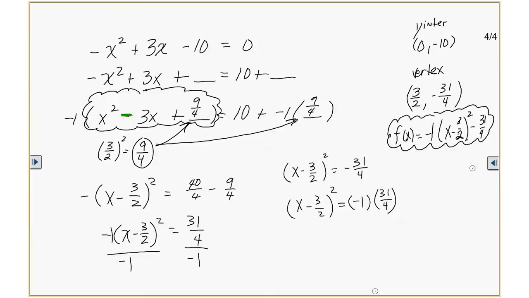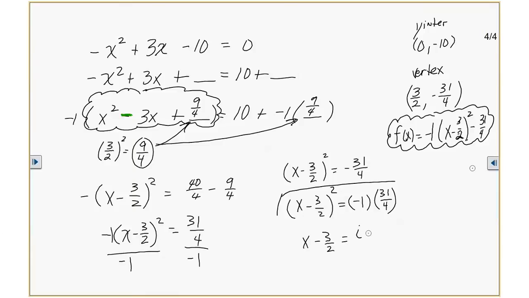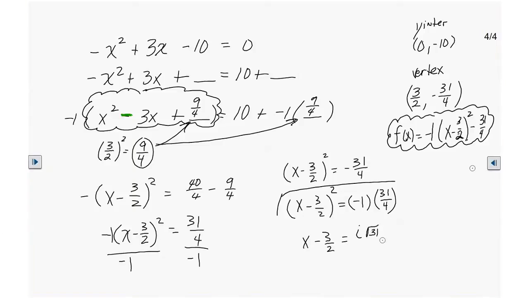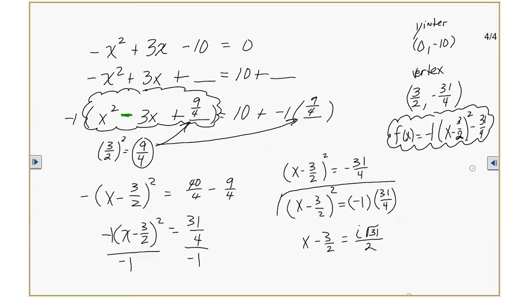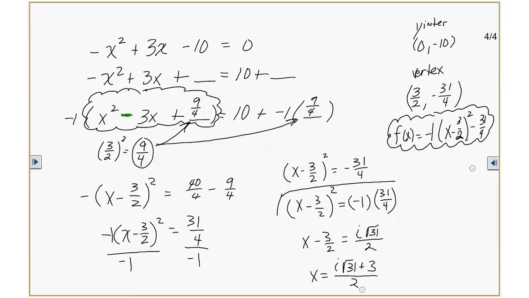Now if we take the square root of everything, x minus 3 halves is equal to i times the square root of 31 over 2. And x is equal to i times the square root of 31 plus 3, over 2.